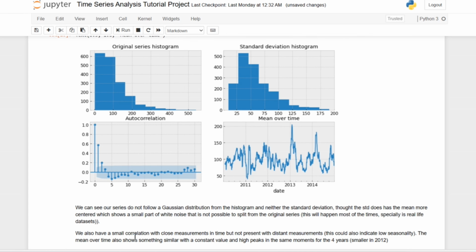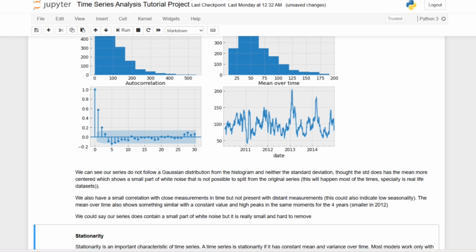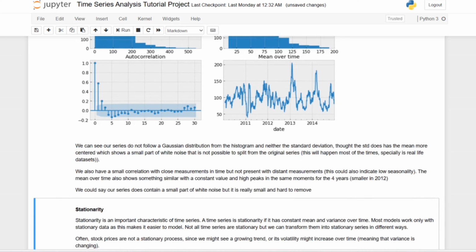We also have a small correlation with closer measurements in time, and this could show that we have a bit of low seasonality. If you see the mean over time plot, some of them have high peaks. This says that although our series does have white noise, it's very small or maybe negligible, so we are ignoring it for now, guys.